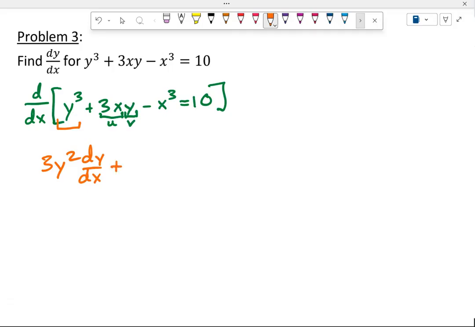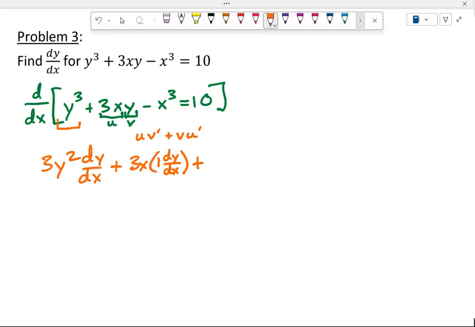Let's do that product rule. uv prime plus vu prime. What's my u? 3x. V prime, that's y. What's the derivative of y, ladies and gentlemen? What's the derivative of y? 1 dy dx, right? 1 dy dx.